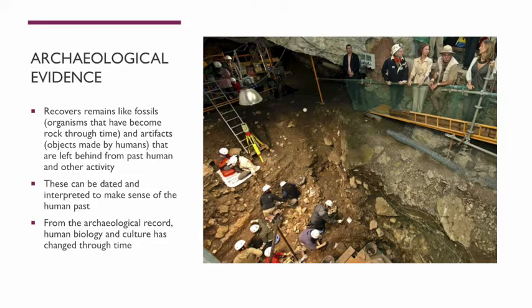And it's clear from these human remains, from the fossils that we have of past humans, from the artifacts, from the material culture that they produced, that there's been a huge change in humanity over that kind of deep time that we've been talking about in this course.